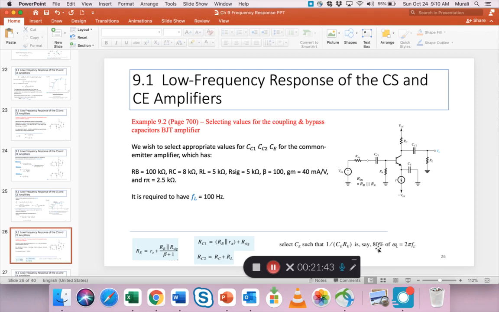And you'll notice again that CE is much higher, hence maybe a more expensive capacitor than CC1 and CC2. So with this combination of these three capacitors, you will satisfy the rule that the lower cutoff frequency, the minus 3 dB frequency, should be 100 Hertz for this particular given NPN transistor.